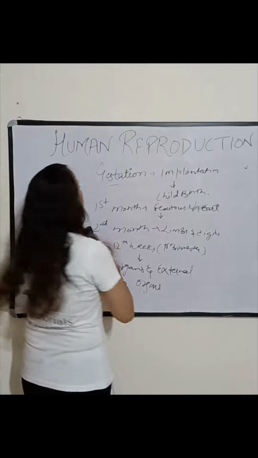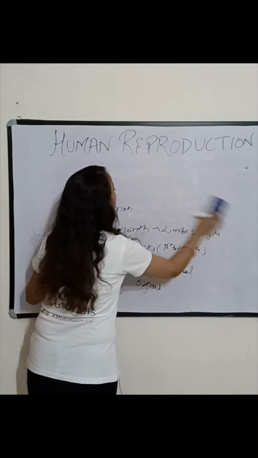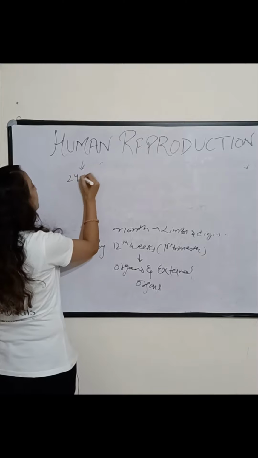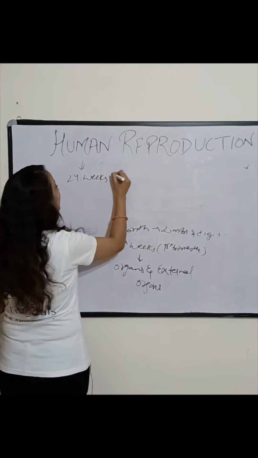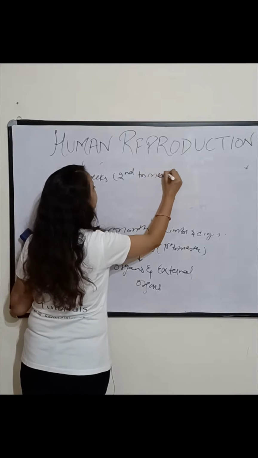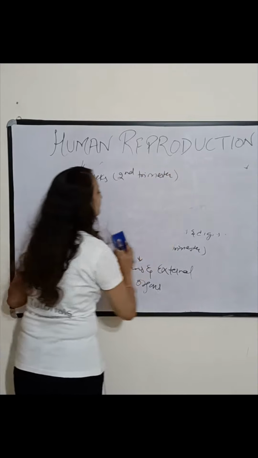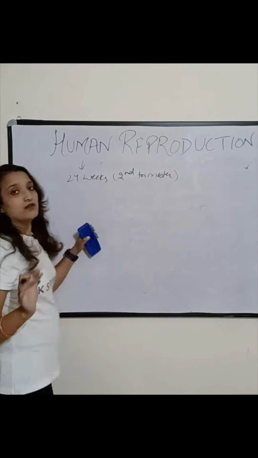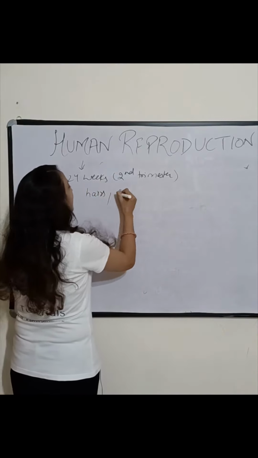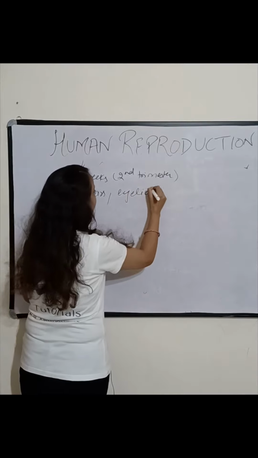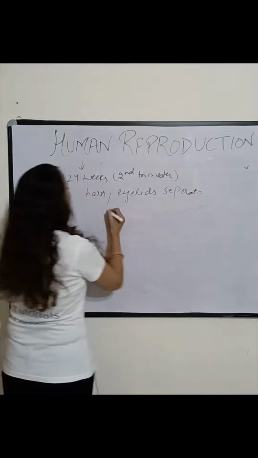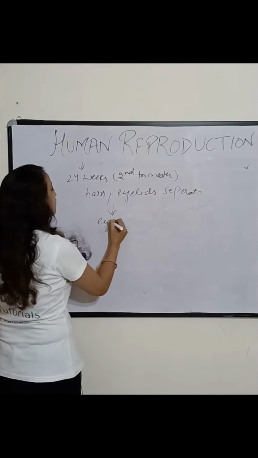Got it? Now by the end of 24 weeks, that is the second trimester, fine hairs are formed, eyelids separate and eyelashes are formed.